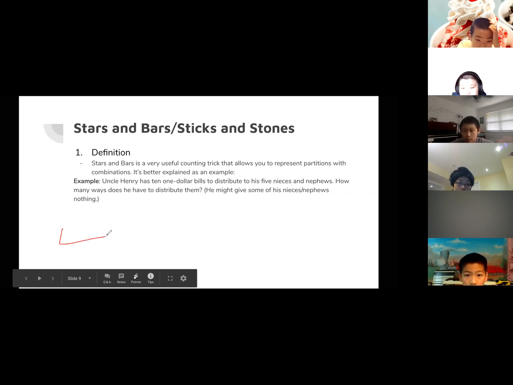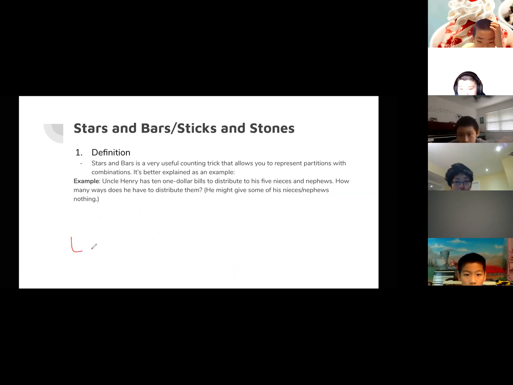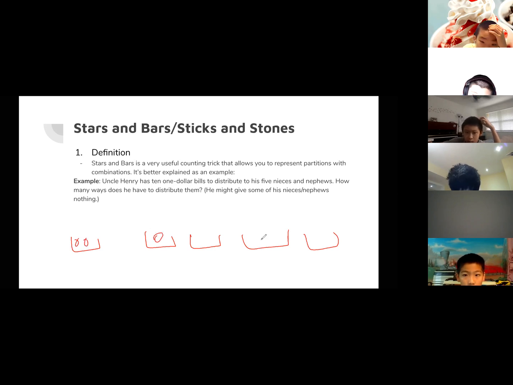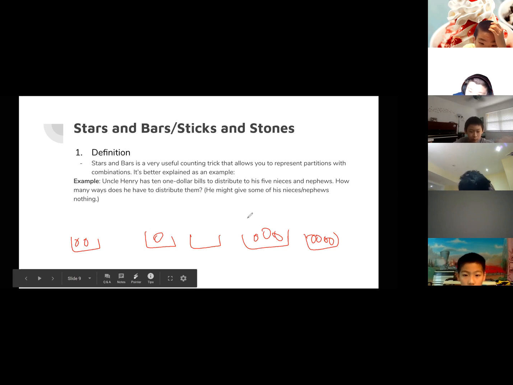So if we think of each niece and nephew having a bucket like this, we need to put $10 in these buckets somehow. So if we, for example, have 2 in here, 1 in here, none in here, 3 in here, and 4 in here, then we want a way to represent this and to make it easier to count.